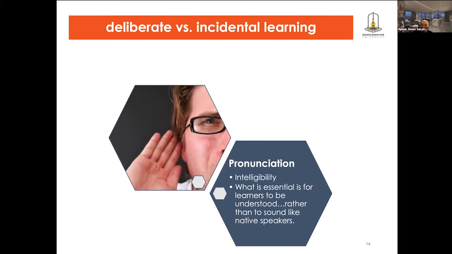So we don't focus on form, on pronunciation, in that way, because they read quietly. But then they pick up the pronunciation from what they hear, from the music they are listening to, and so on.